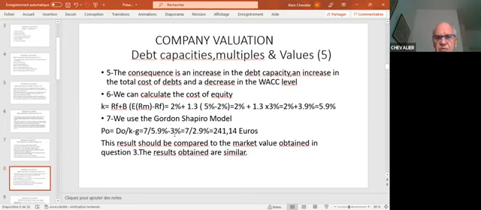And then you get the value of K, the value of the cost of equity, because the cost of equity, as you know, and you see that above in question 6, was calculated using the capital asset pricing model. So we have a cost of equity, which is 5.9%.